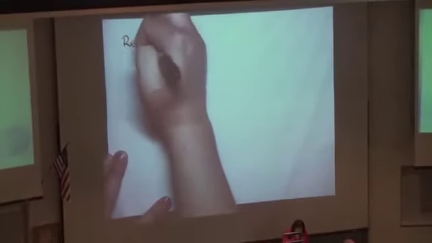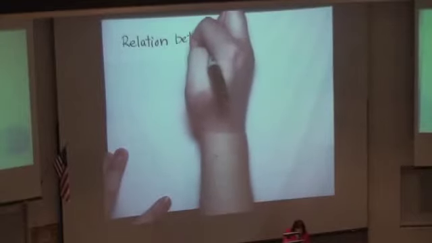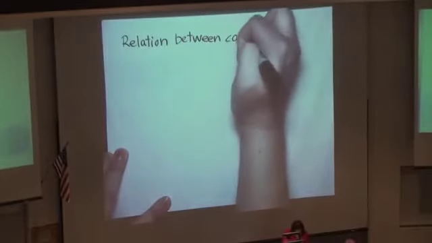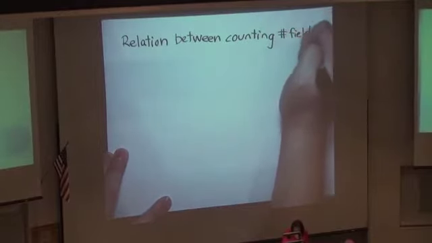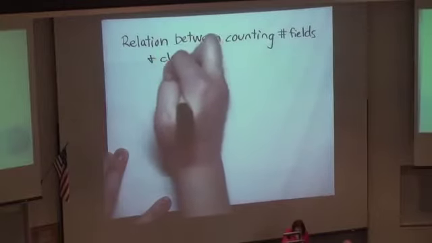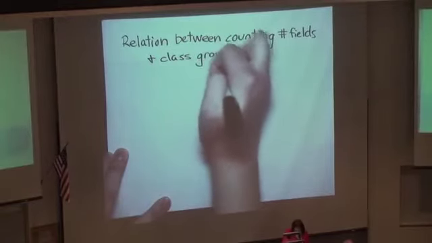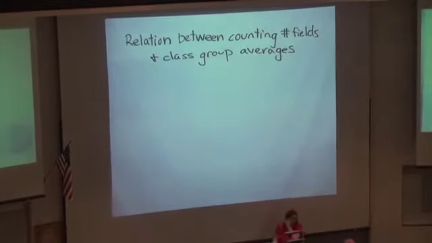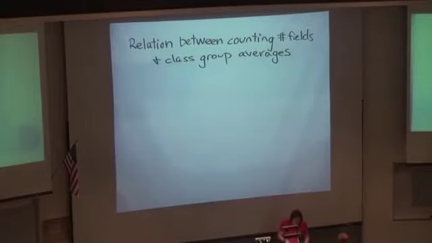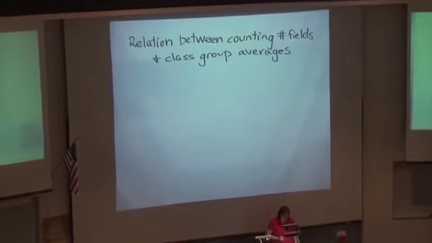And so now I want to talk about actually a relation between counting number fields and class group averages. And I'll talk about this first in a very specific example.